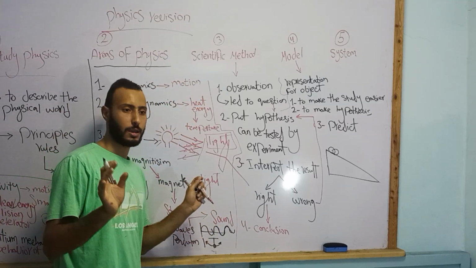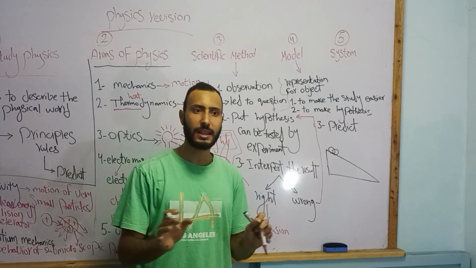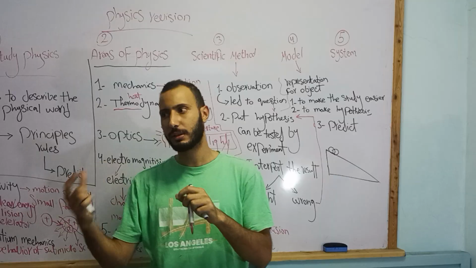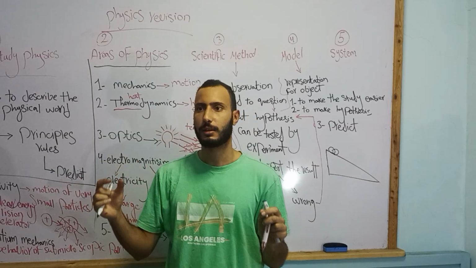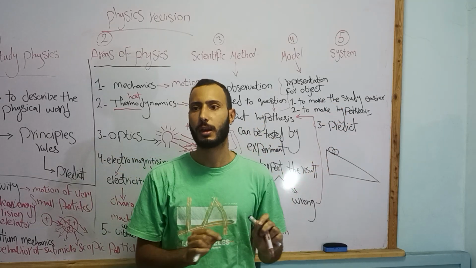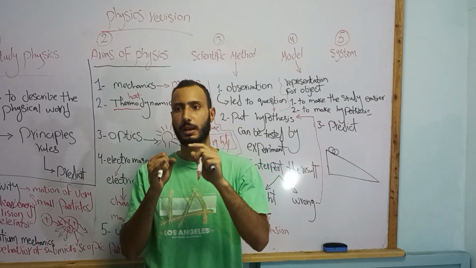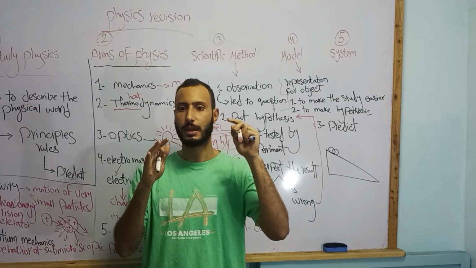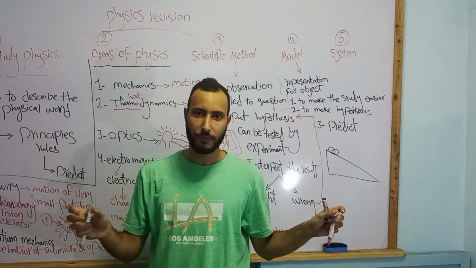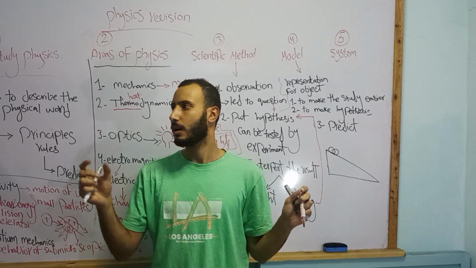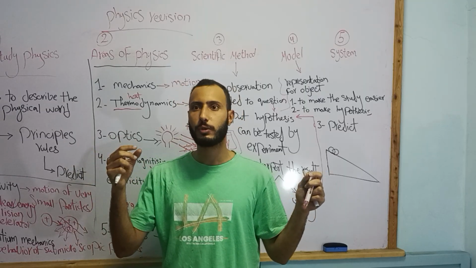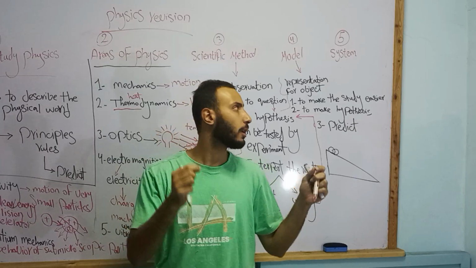Okay, but keep that in your mind. We can't cover all the aspects of any phenomenon in our model. What I mean by that is, if you make a model for the solar system, you can't explain in your model all the details about the solar system. You can't explain the motion and the size and the volume and the gases and the temperature and all of the aspects of the phenomenon. You can only explain one or two variables or one or two parts of this aspect.